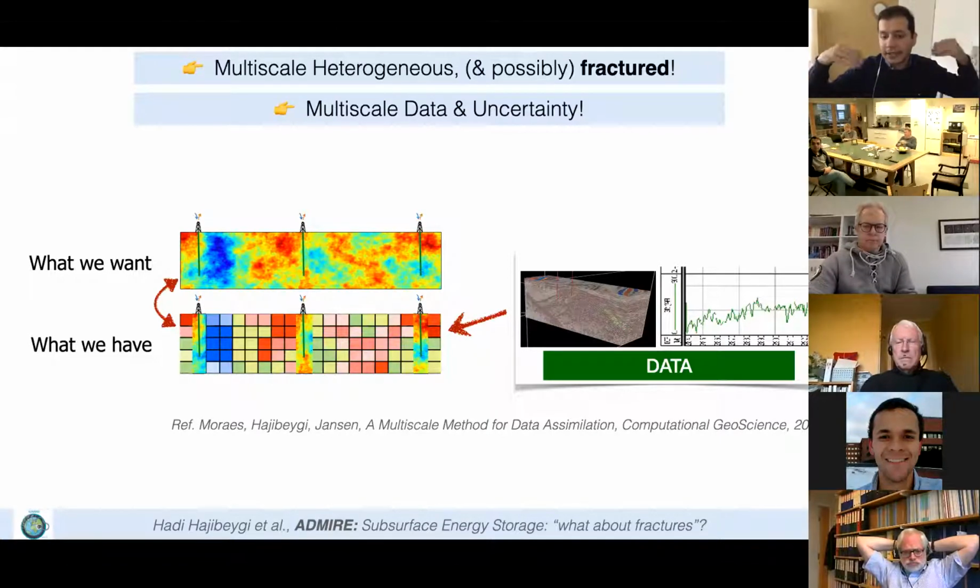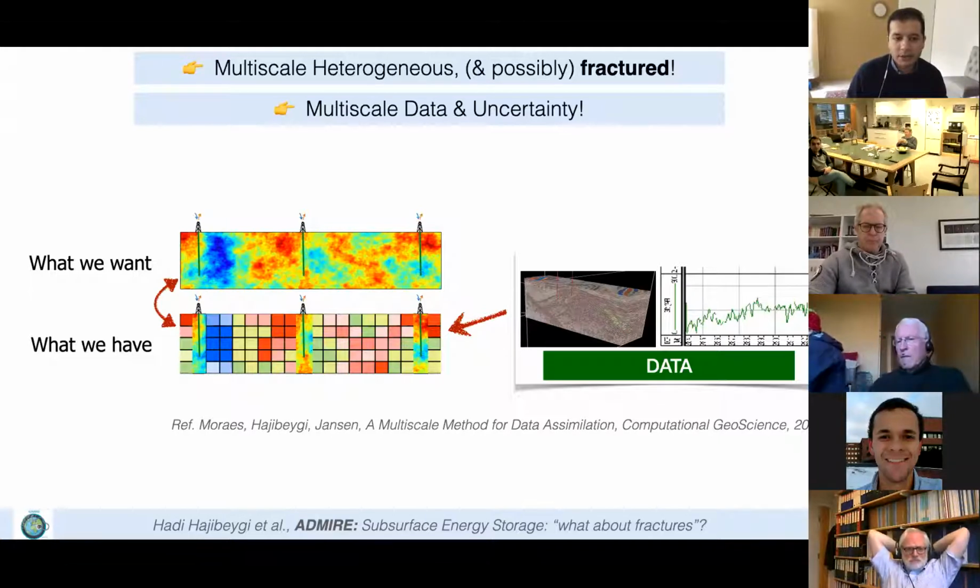And these data sets are sparse. By best practice, they are high resolution close to the well and pretty much low resolution further from the well. What we have then is quite a sparse, vague understanding of how the reservoir might possibly look like.